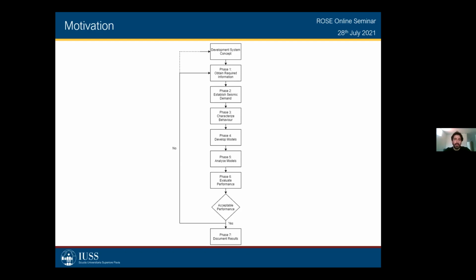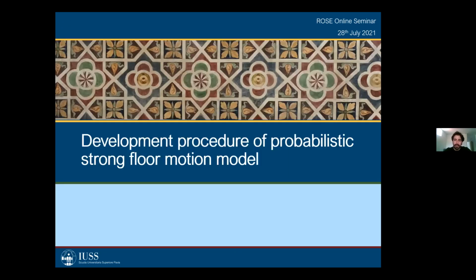And this is where this current research topic fits, because we want to use synthetic ground motions, selected so that they're representative of the whole building population, in order to simplify and reduce the number of analyses. And for this, we actually need the strong ground motion duration. So that's why we're here right now.